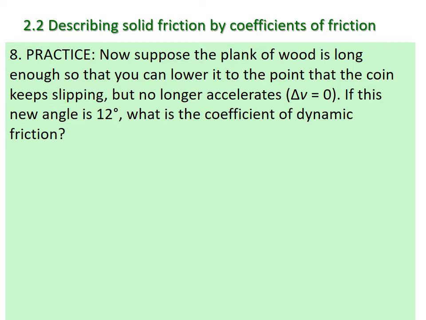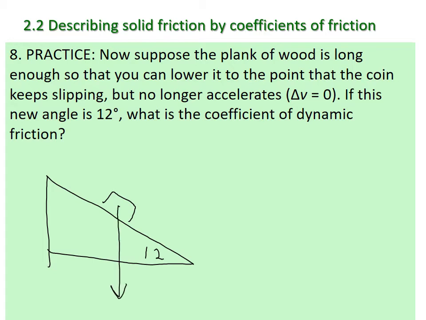So in this case, you always need to practice by drawing. So I have my ramp here set up with my object on top, and this angle is 12 degrees. We start by labeling the force of gravity, W sub g. We're going to label the normal force. This is R, or F sub n. We can label the force of gravity that gives rise to the normal force.